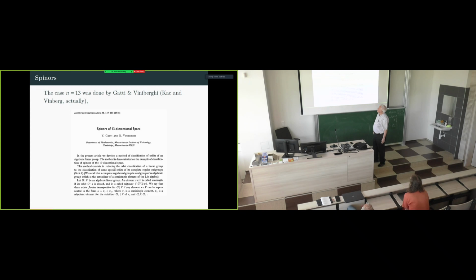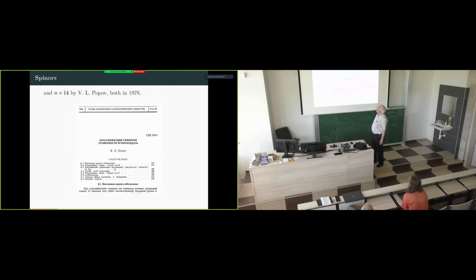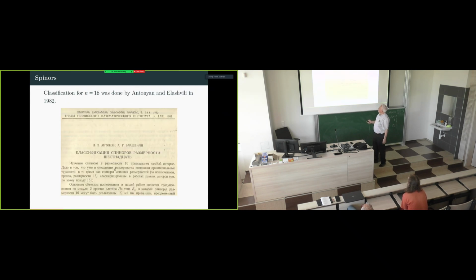After this, Gatti, Viniberg, and Kac and Vinberg classified the case n equal 13. And Popov, at the same time, in 1978, classified this in dimension 14. In dimension 16, this classification was obtained by two authors, Antonyan and myself, in 1982.